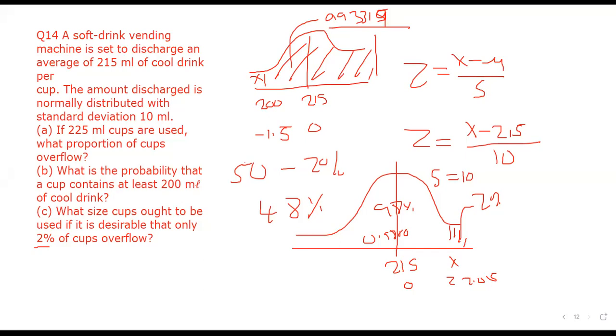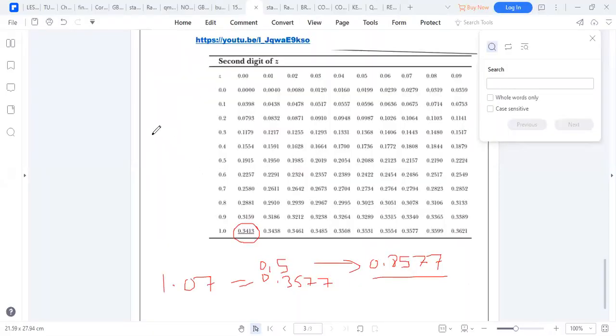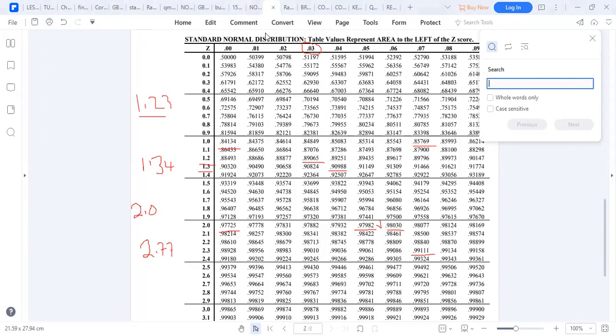So when you check inside the half table, the closest figure will still be at 2.05, which is 0.4798, because it's just removing the 0.5 from there. So it's the same thing, but the closest under 48% will be 47.98. All right, that is how it goes.